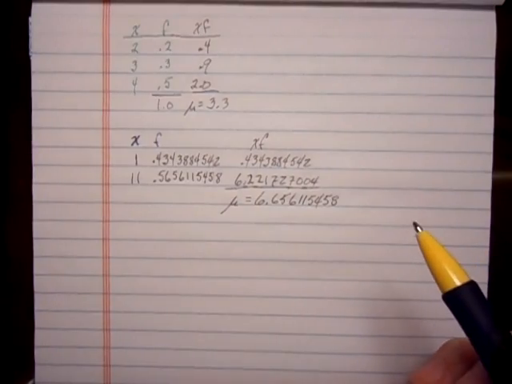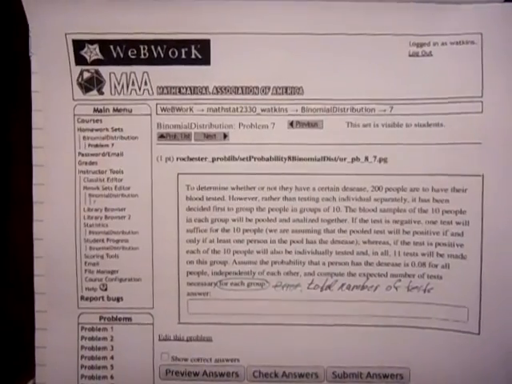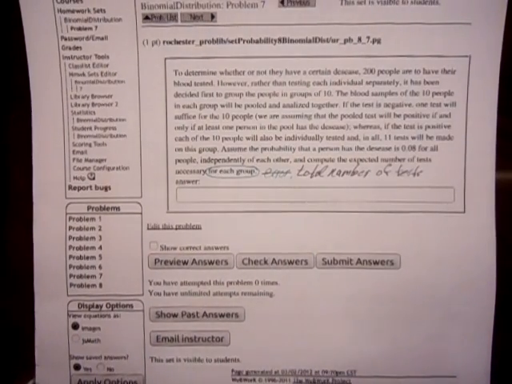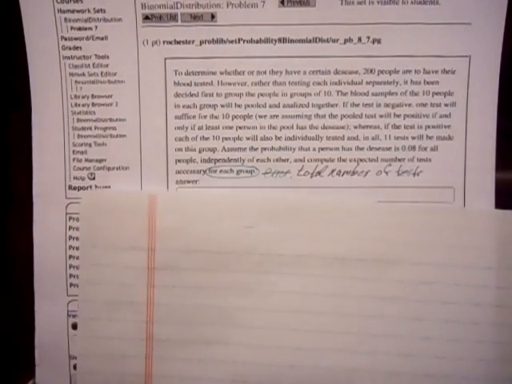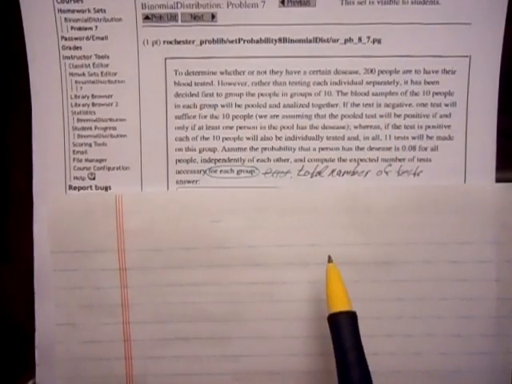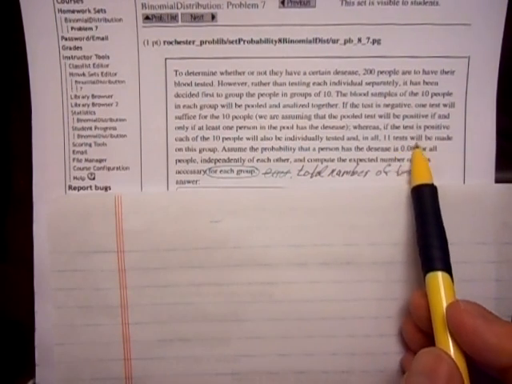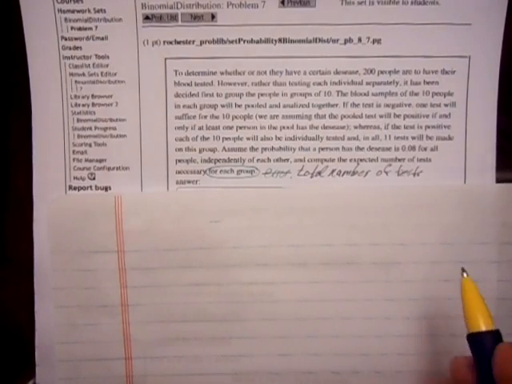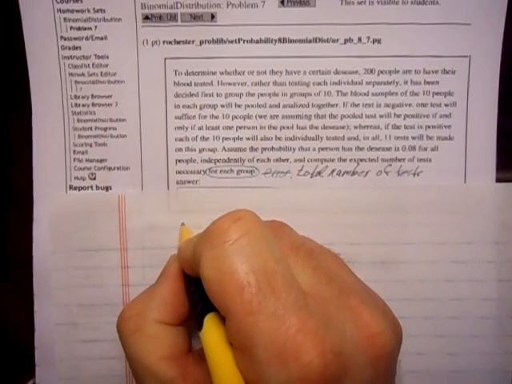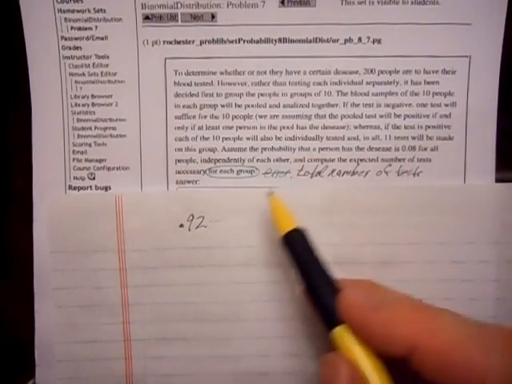This ability to calculate the mean of a population from the frequency distribution becomes really important. In this problem, let's think about the problem again for a few minutes, and look at it in the following way. Since the probability of an individual having the disease is 0.08, the probability that a person does not have the disease is 0.92, because they either have the disease or they don't.